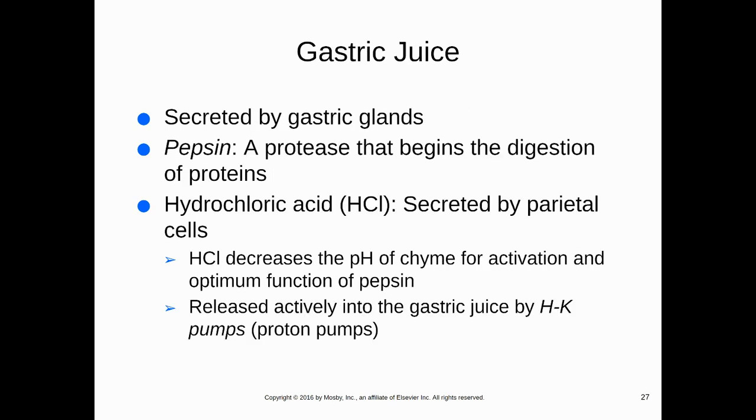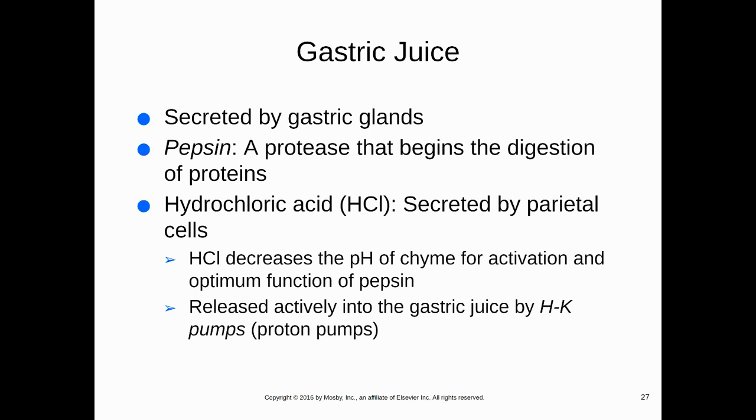The next is going to be the gastric juice, and that's obviously given off by our gastric glands within our stomach. The big thing that's going to be found in the gastric juice is the pepsin. And what does pepsin do? It breaks down proteins.